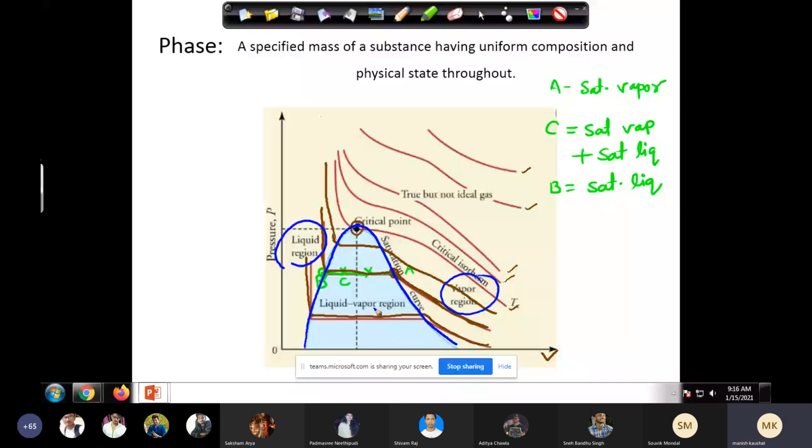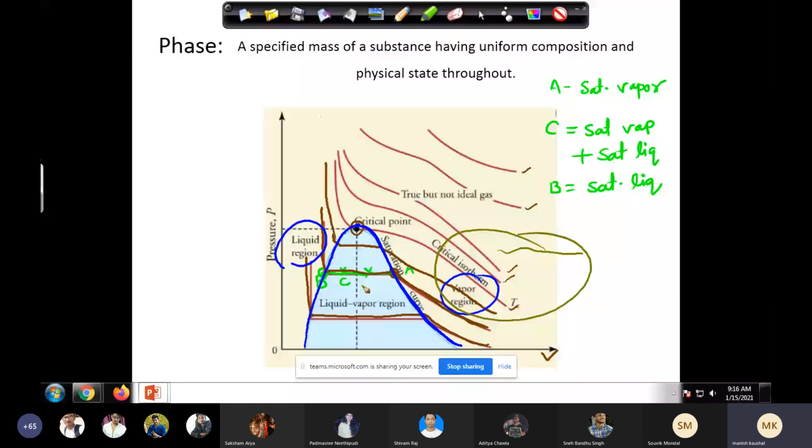This line is saturated vapor. What will we call this regime? Can anyone guess? Have you ever heard of this regime? This whole regime is called superheated steam.